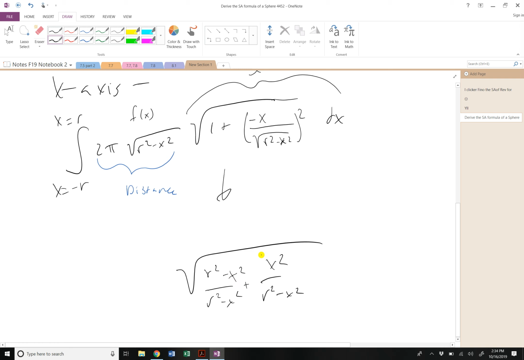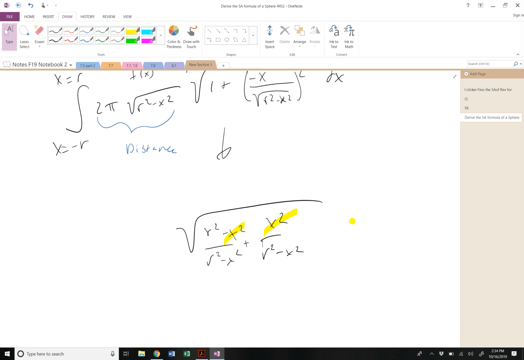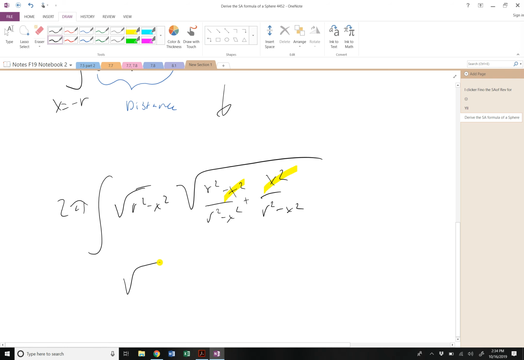So you add those together, and your x squareds add to 0, so you just end up with the square root of r squared minus x squared times r over the square root of r squared minus x squared, and those cancel out. So you are only finding the antiderivative of 1, or of r dx.